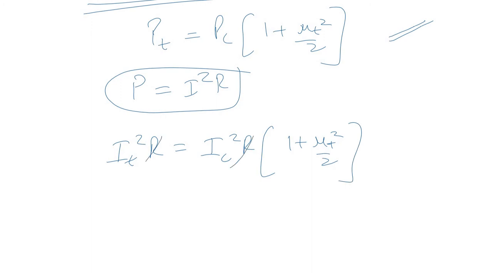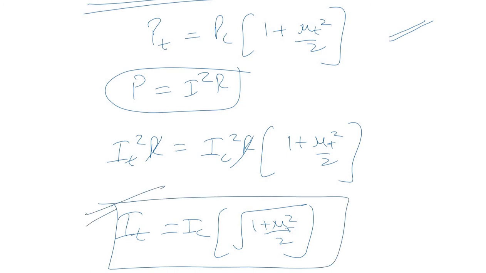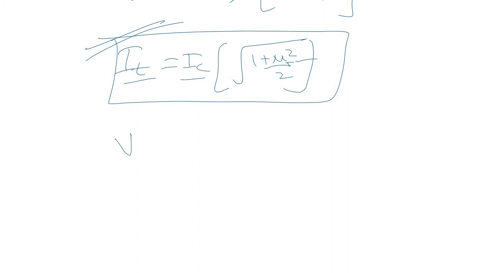R gets cancelled out, so IT is equal to IC into square root of 1 plus mu square by 2. This is the relationship between the transmitted current, the carrier current and the modulation index. Similarly, in terms of voltage, VT is equal to VC into square root of 1 plus mu square by 2.